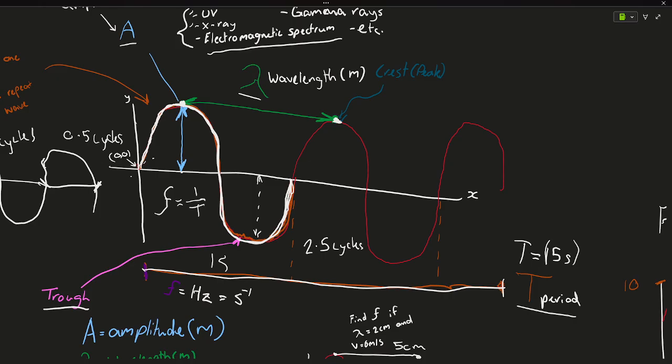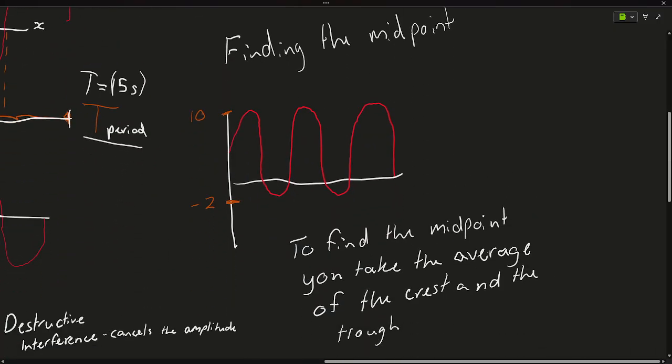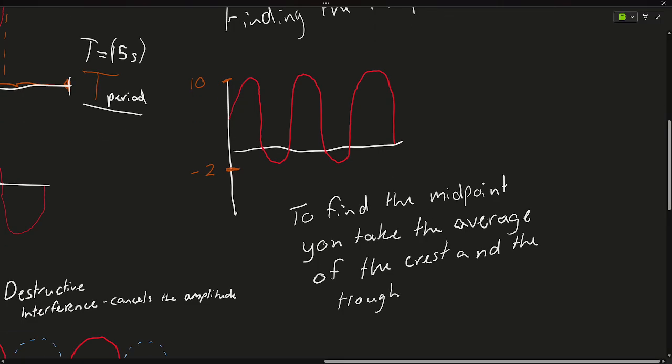So let's say your amplitude is 5 meters, and your crest is at 5 meters, and your trough, which is the bottom part of the wave, is at -4 meters. To find the midpoint, which is generally your middle point here, so let's say we've got 10 and we've got -2.